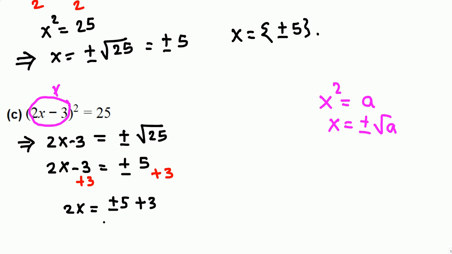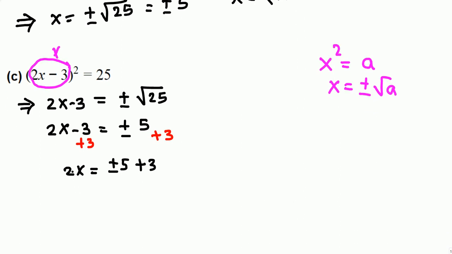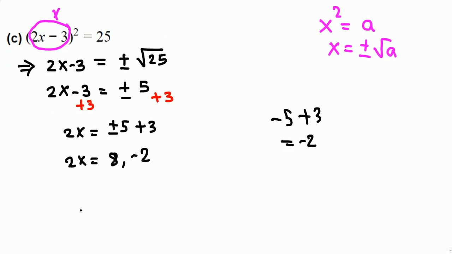Let me write that, and eventually we divide by 2. So 2x equals 5 plus 3, that's 8, and negative 5 plus 3, that's negative 2. Now we divide by 2 to isolate x. So x equals 8 divided by 2, that's 4.